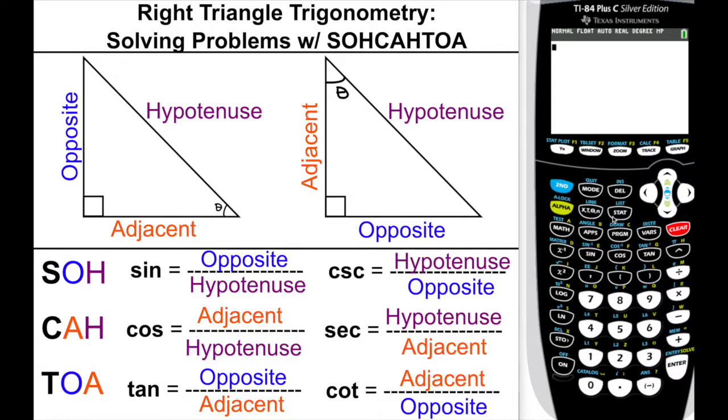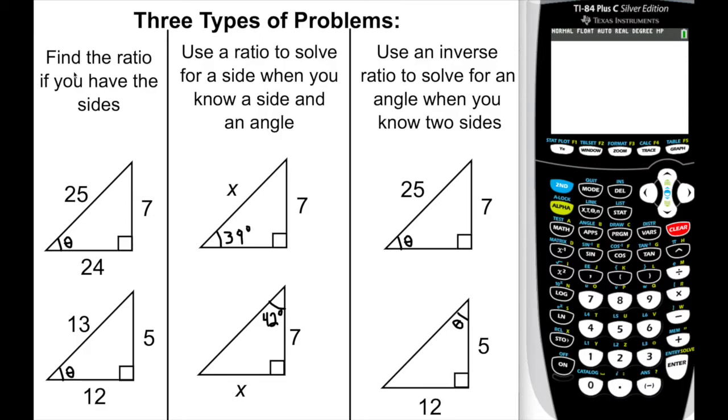In class I talked about three types of problems. One type of problem is simply if I have a triangle and I know certain sides, can you find me the trig ratio? For example, here's my angle.